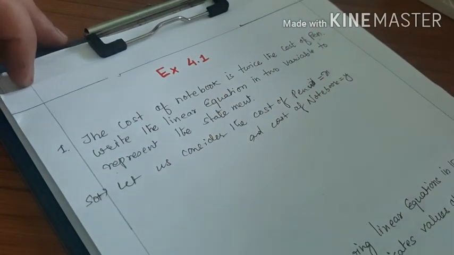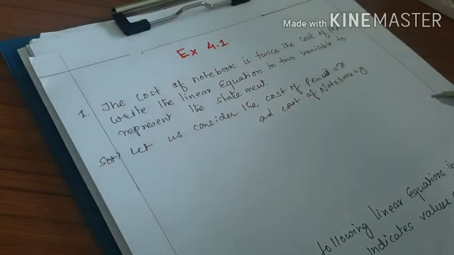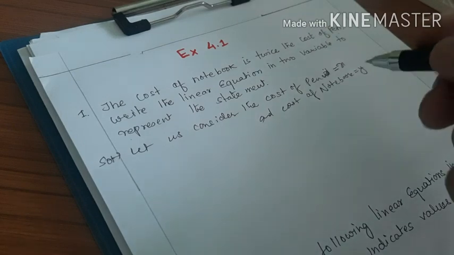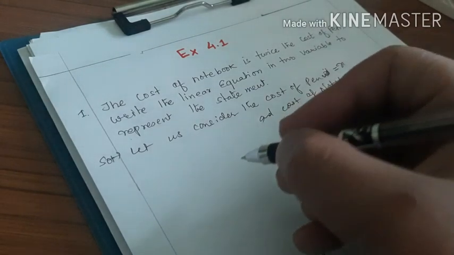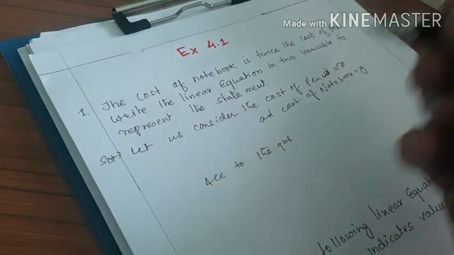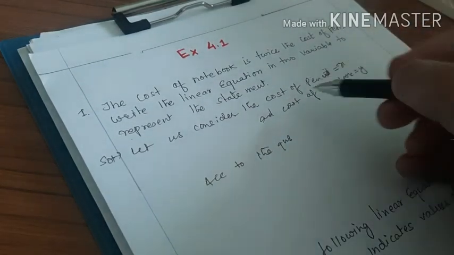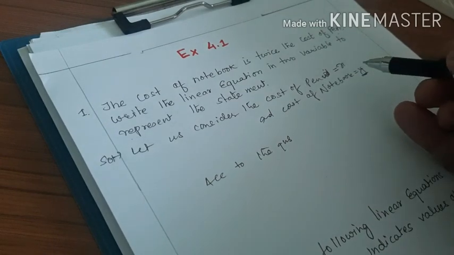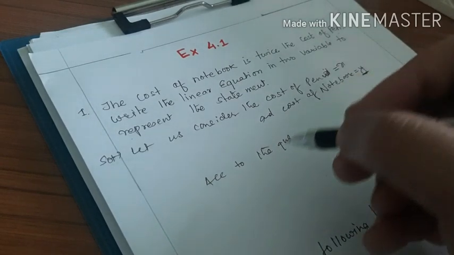and the cost of notebook is y. Then what the question is telling us is that the cost of notebook is twice the cost of pen. So according to the question, the cost of notebook means y.